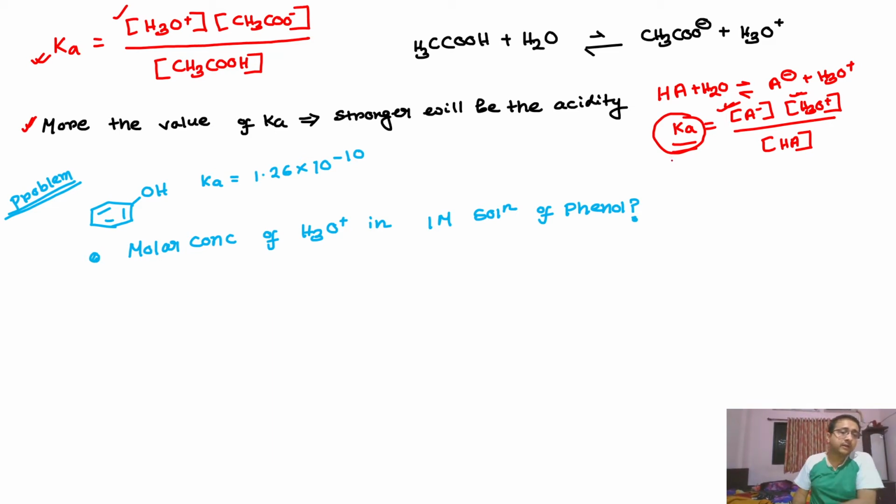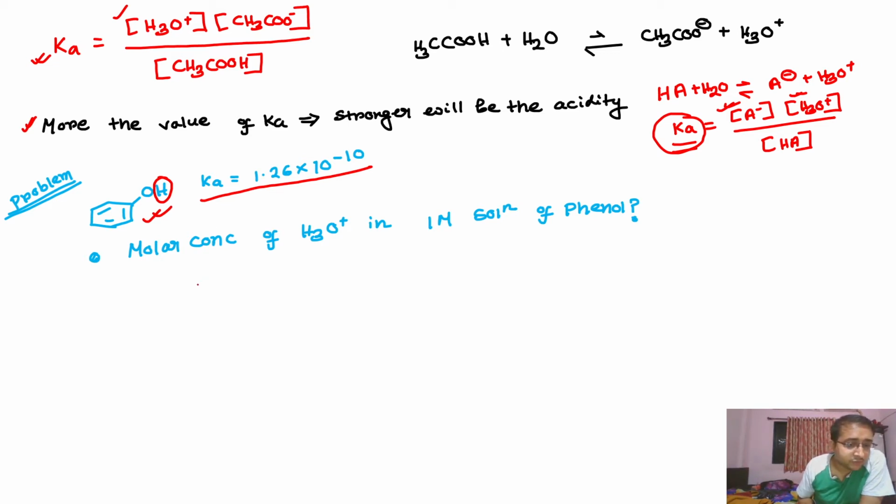Now let's take an example. You can see a compound called phenol. For phenol, this hydrogen is the acidic hydrogen. It has an acid dissociation constant value equal to 1.26 times 10 to the power minus 10.